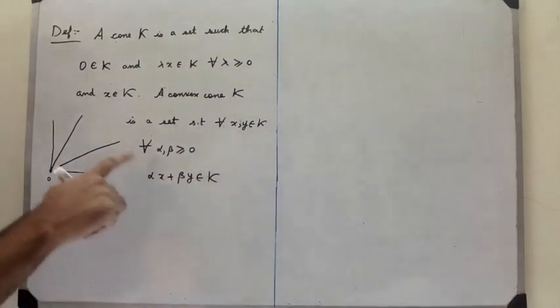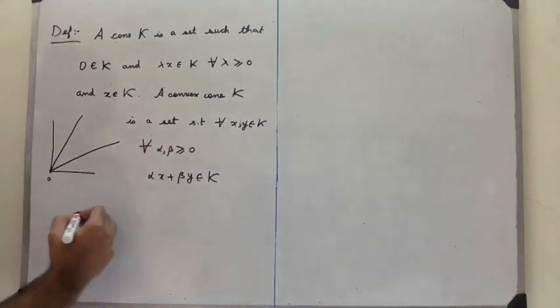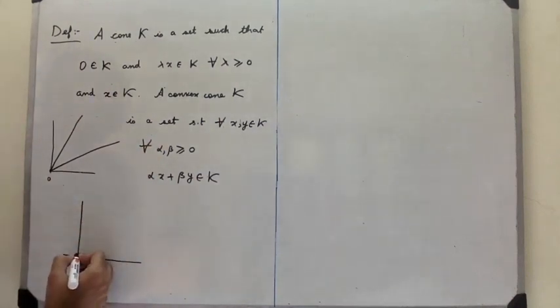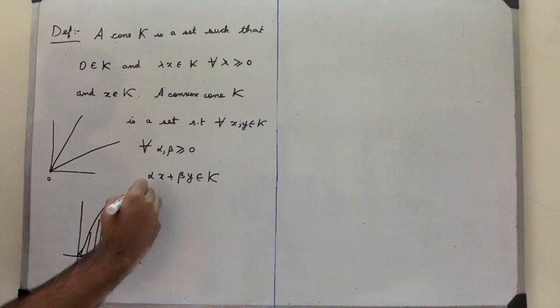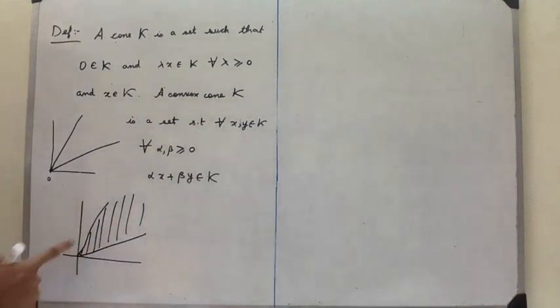So this would be the definition of a convex cone. For example, because of convexity, this convex cone must contain all the rays in between these endpoint rays.